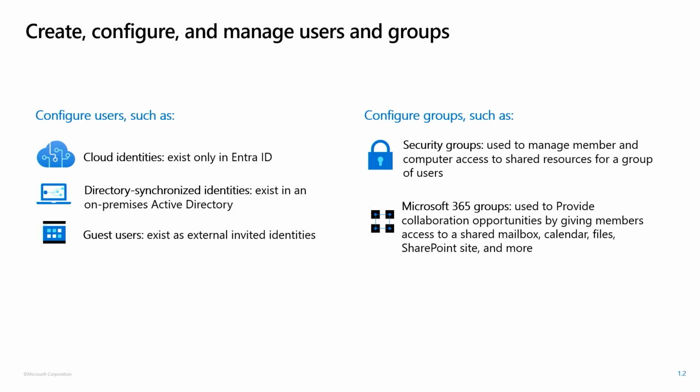Or you might have guest users, which are external identities, and you invite them into your tenant. When allocating permissions or granting users access to applications, always consider using group scoping for this, instead of assigning individual users. And make sure you understand the difference between security groups and Microsoft 365 groups.